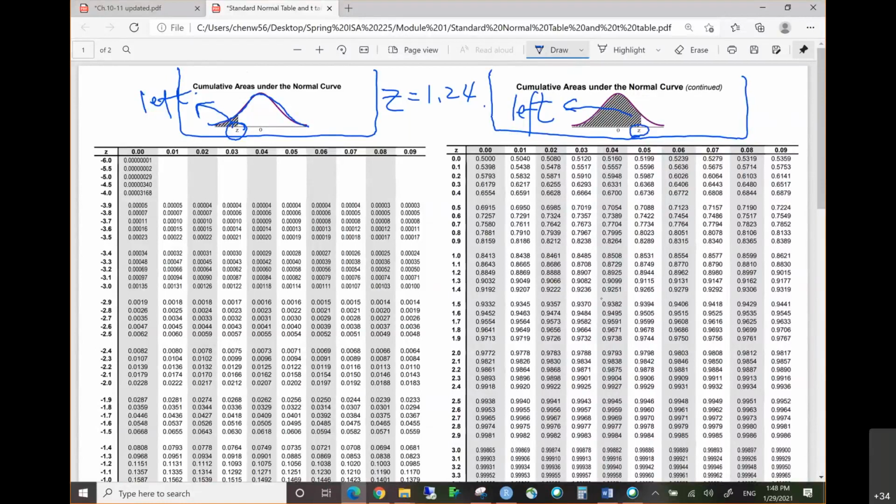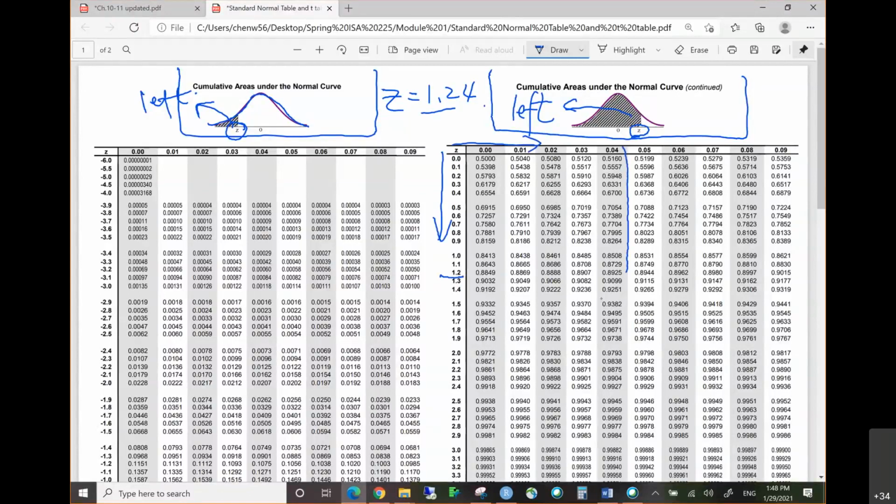How can you find that? First, you search for the z value 1.24. The first digits are 1.2, so you find 1.2 here. The second digit, you look for at the top, so you have 0.04.